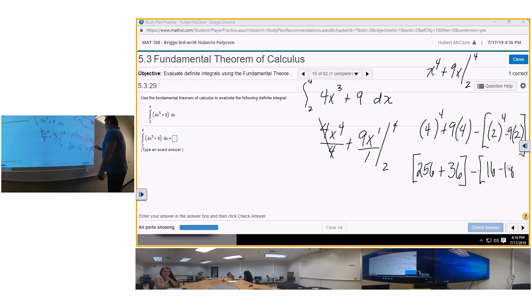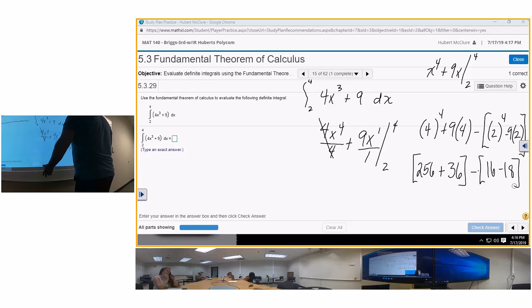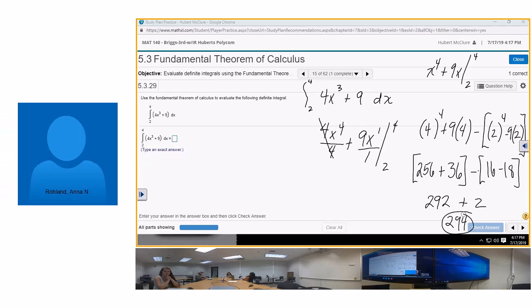Y'all check me. That's going to be 256 plus 36, that's 292. And this is going to be a negative 2, which is a positive 2. I got 294. What'd y'all get? Is it plus 18? Yeah, it should be 16 plus 18.